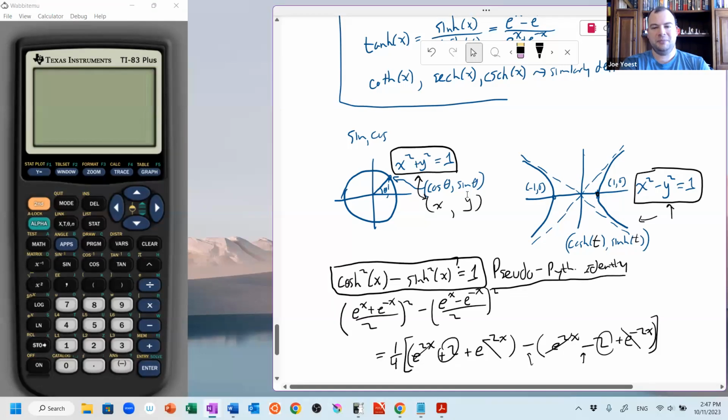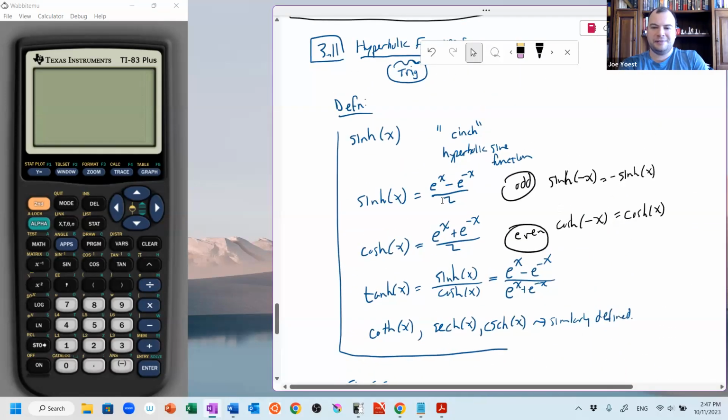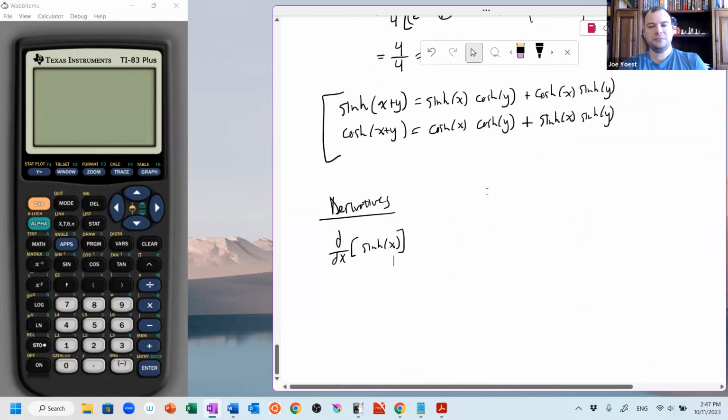We had to go through a big geometric argument to get to the derivative of sine of theta. But nicely enough, my hyperbolic functions, I can write them in terms of exponential functions, and I know how to differentiate exponential functions. So what's the derivative of sinh of x?